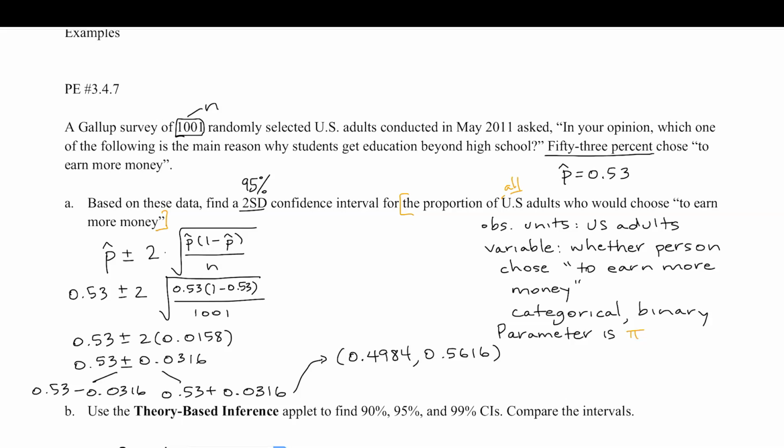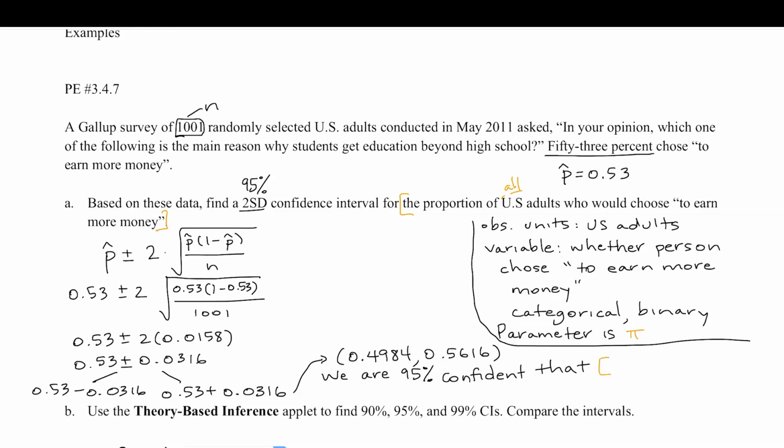And you might also take a moment and try interpreting that. I will see if I can squeeze that in here. We are 95% confident that, and now I'm going to save myself a little space.